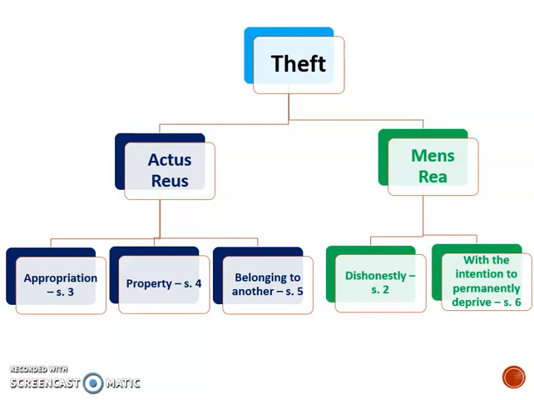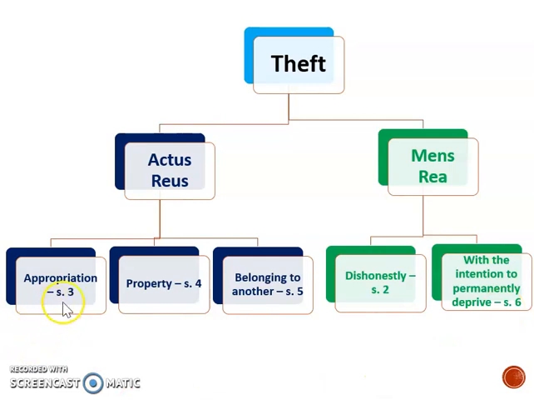So from that definition from section 1, the actus reus elements are that our defendant must appropriate property belonging to another. And the mens rea elements that our defendant must have in order to be guilty are that he must have acted dishonestly and with the intention to permanently deprive.